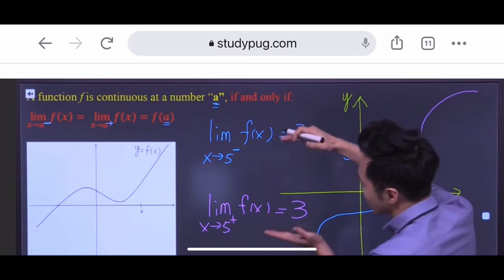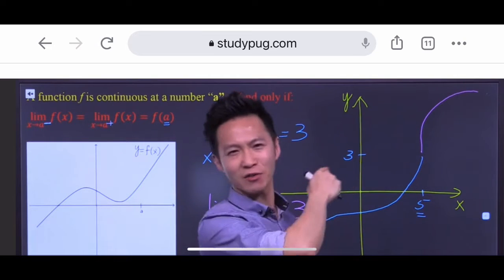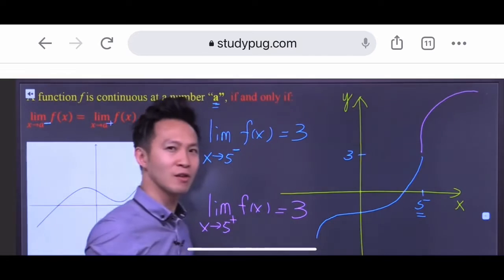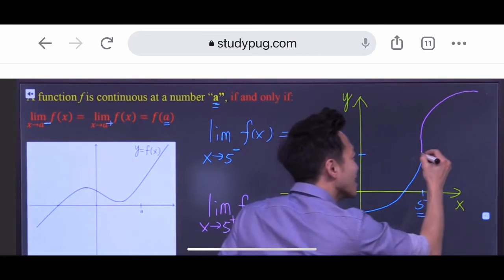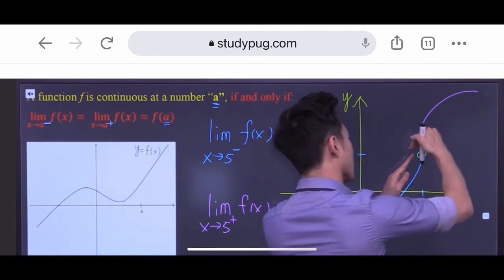However, having these two limits equal to each other is still not enough to guarantee that the function is continuous at 5. Because as we can see from the graph, there is still a tiny little gap between the left curve and the right curve.